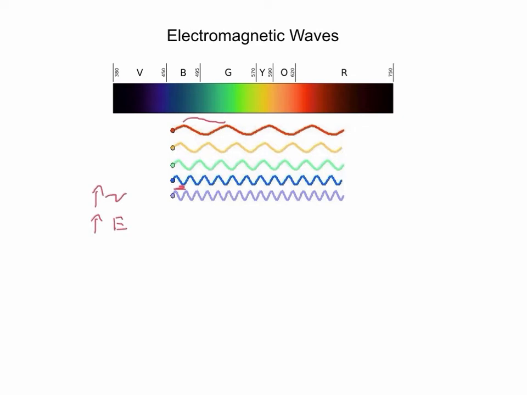Remember that this fancy V, this nu, is frequency. If we look at the red wave, it has a low frequency, and therefore it has a low energy.